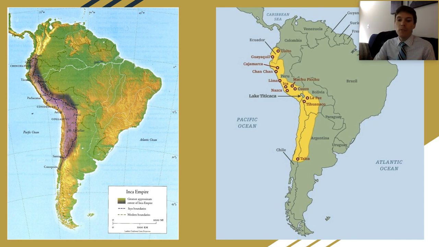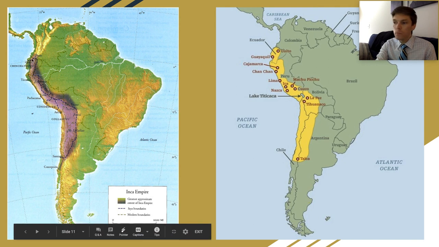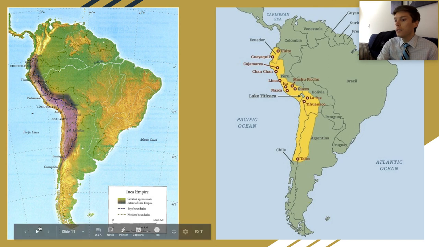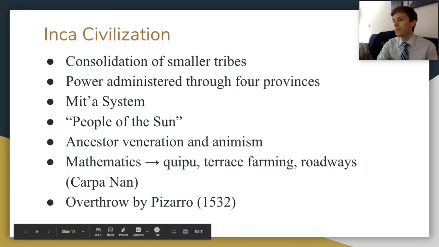So it extends from present day Ecuador all the way in the north to Chile all the way in the south. So a lot of focus early on with consolidating power and making sure that the region was as united as possible, notwithstanding some of the geography that it would face.